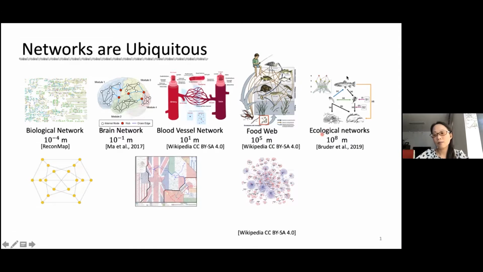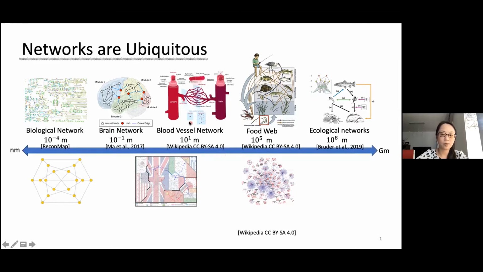We can also use it for representing an ecological network. For this reason, you see that networks exist at the nanoscale and also appear at gigascales. The size of networks also varies over a very wide range.